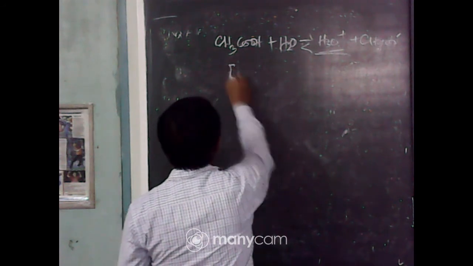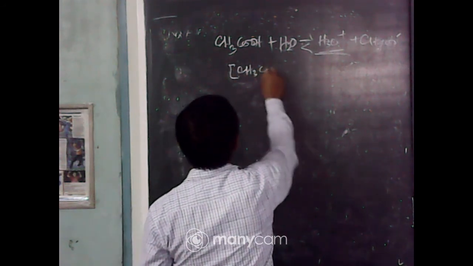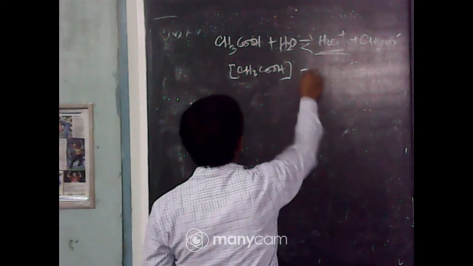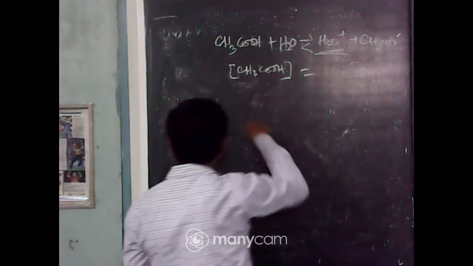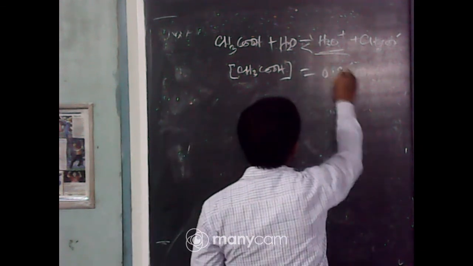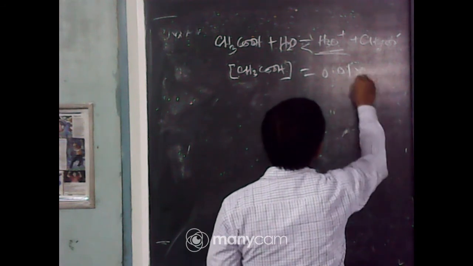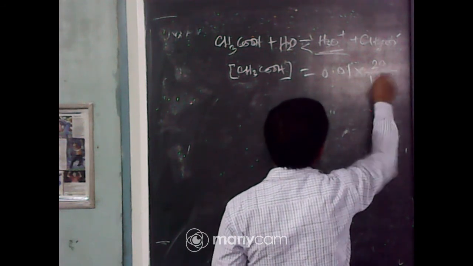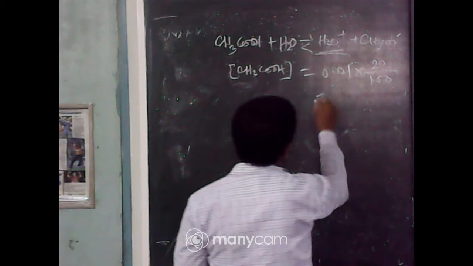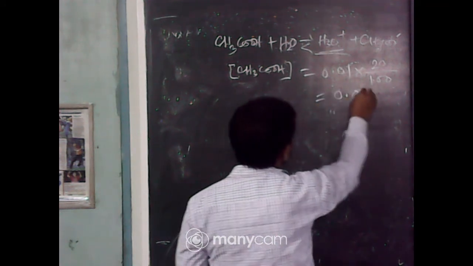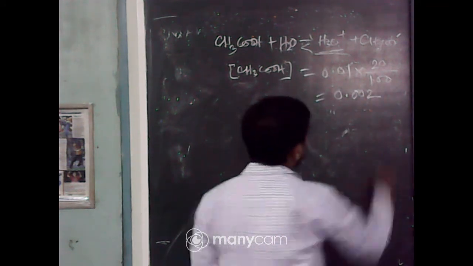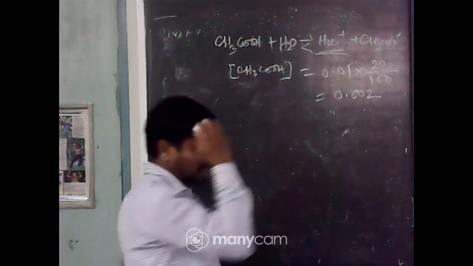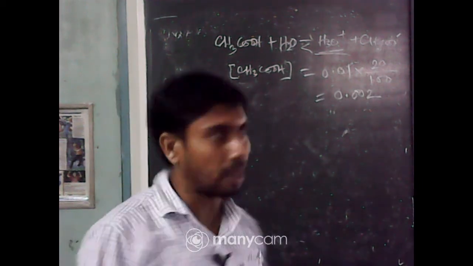Concentration of H3O plus will be C into alpha, where C equal to 0.01. Now, alpha equal to 20%, that is 20 by 100, that is equal to 0.2, so the concentration of H3O plus is 0.002.